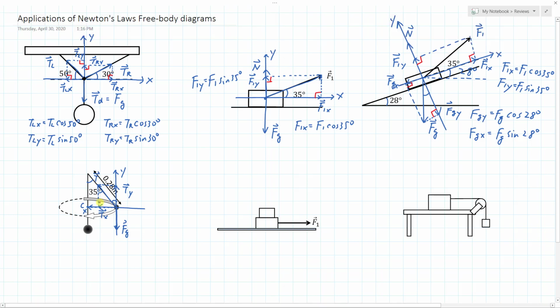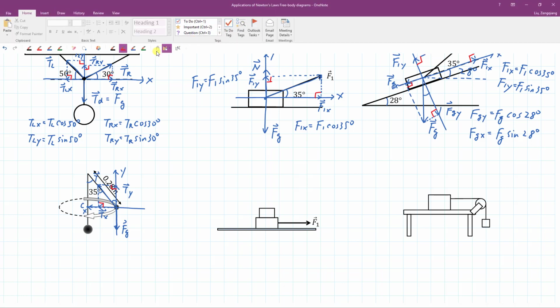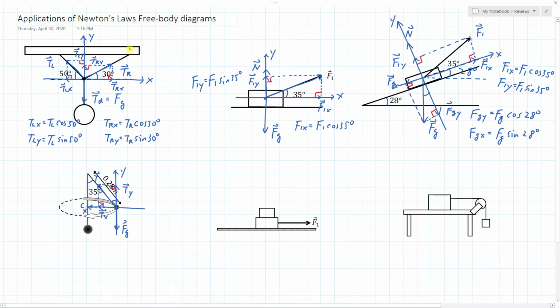If we're looking at this right angle triangle, the 35 degrees is opposing the x, so the x component should be sine 35, and the y component is adjacent, so it should be cosine 35. So here Tx is T sine 35 degrees, Ty is T cosine 35 degrees.